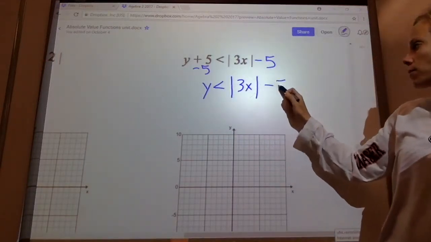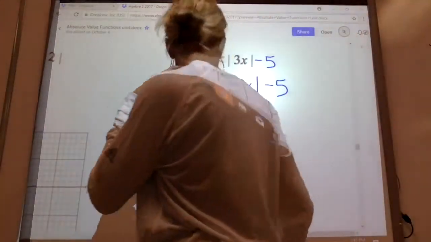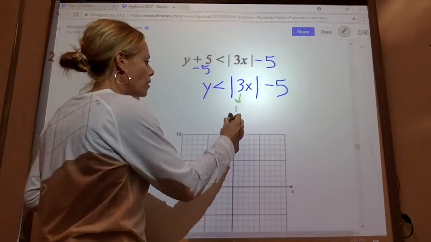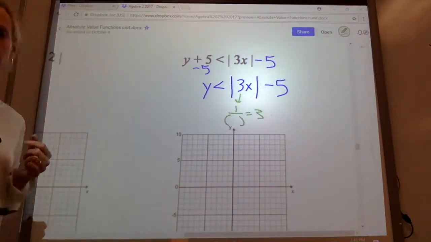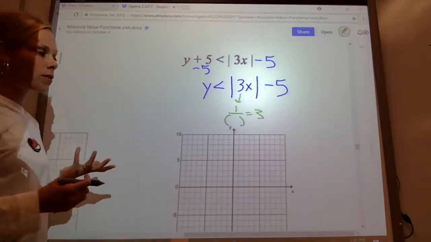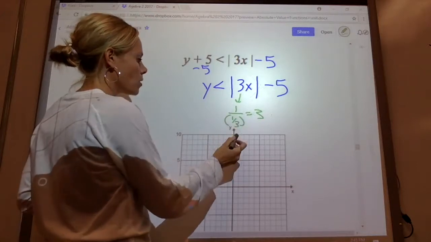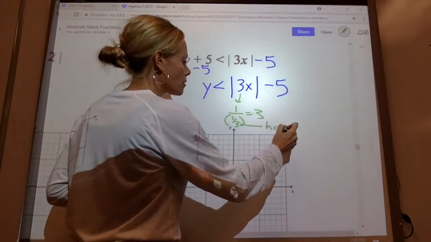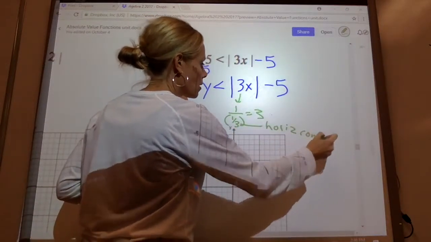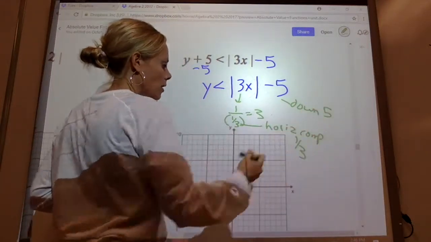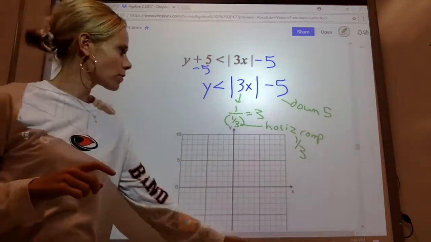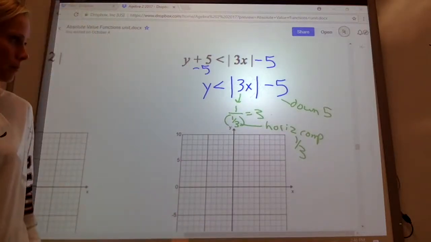And this is another one of those crazy horizontal ones because I have to think 1 over what number gave me 3? It'd be 1/3. So really, it's a horizontal compression of 1/3 and then down 5. Okay, but remember the horizontal is going to change your vertex a little bit, so be careful.